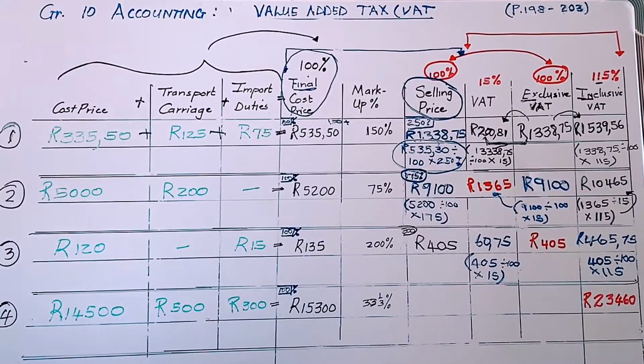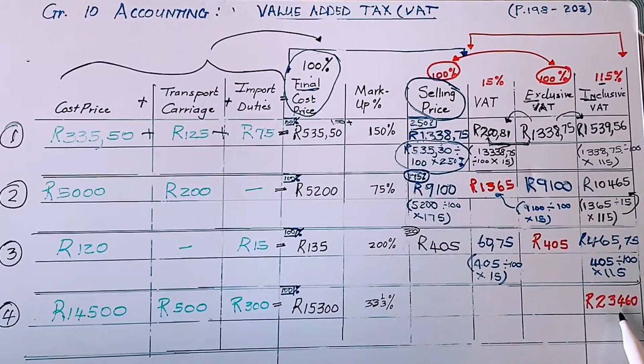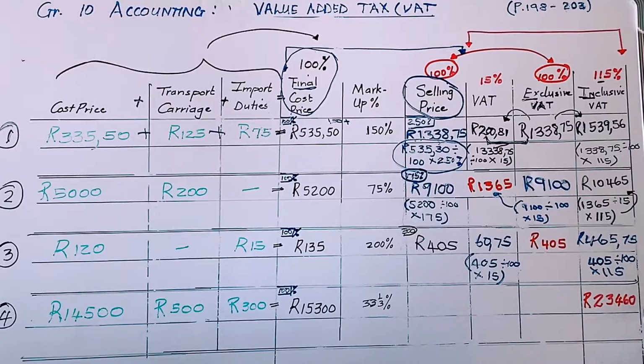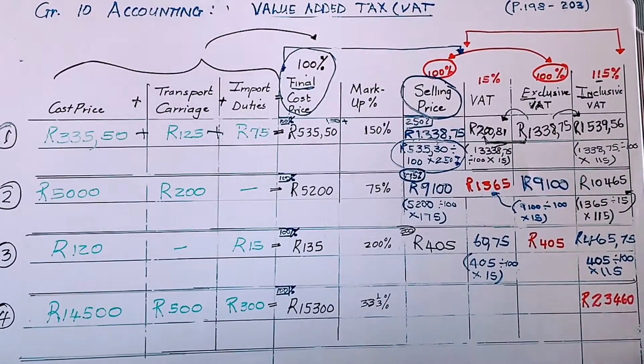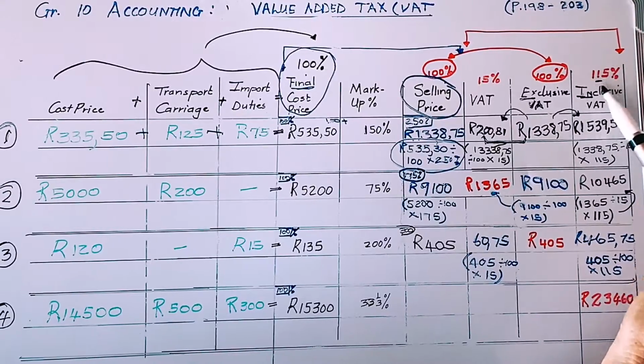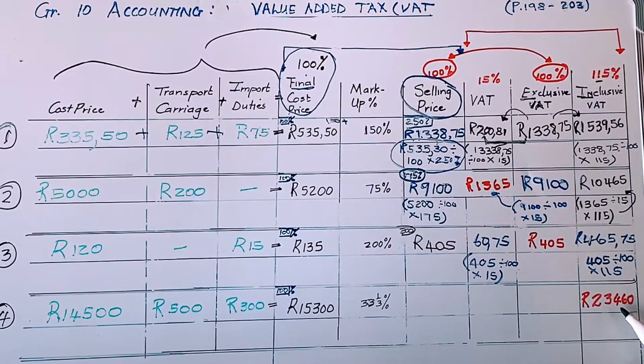The last one is quite important, because the only value that you have available right now is the inclusive amount that is equal to the percentage value of 115.